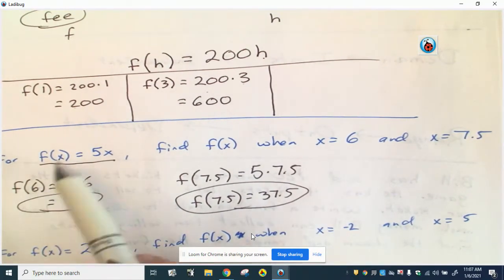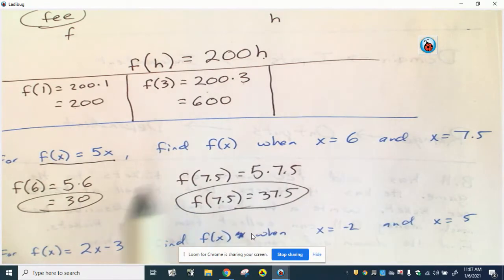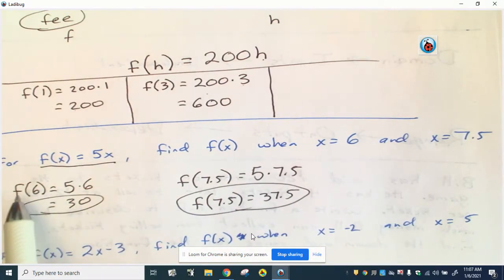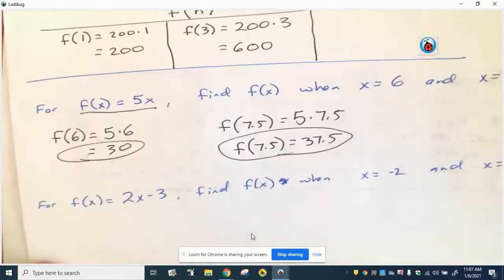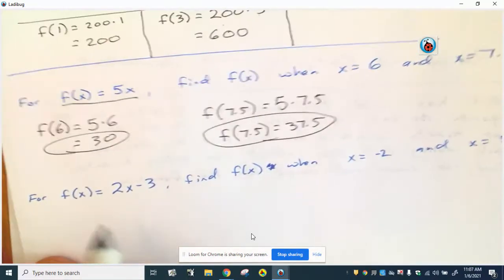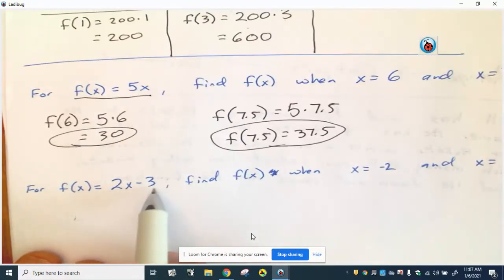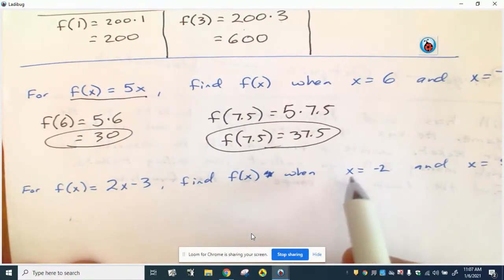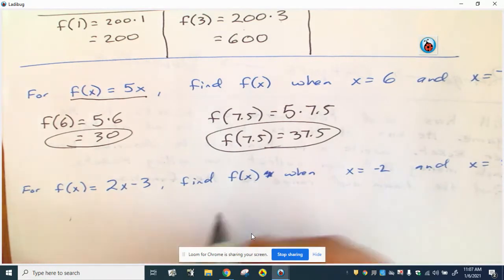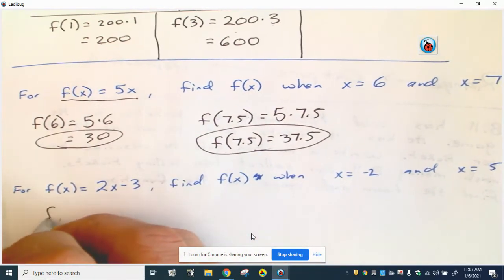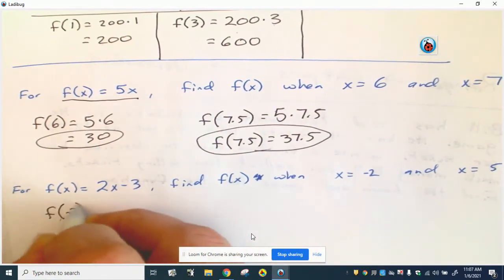When it says find it when x is 6, all it means is find f of 6, and we just plug in a 6. Similarly, if you have a little bit more of an equation, 2x minus 3, find f of x when x is negative 2. That means what we're trying to find is f of negative 2.